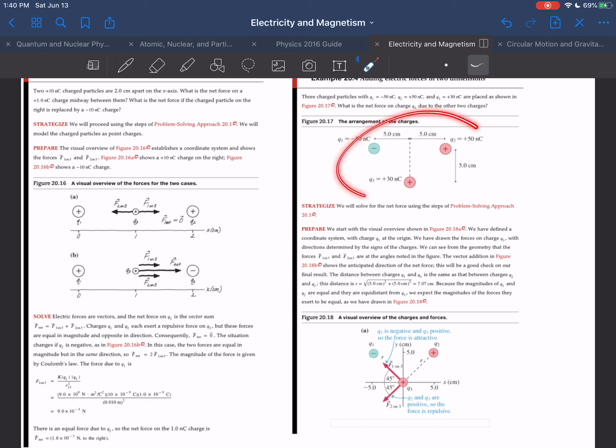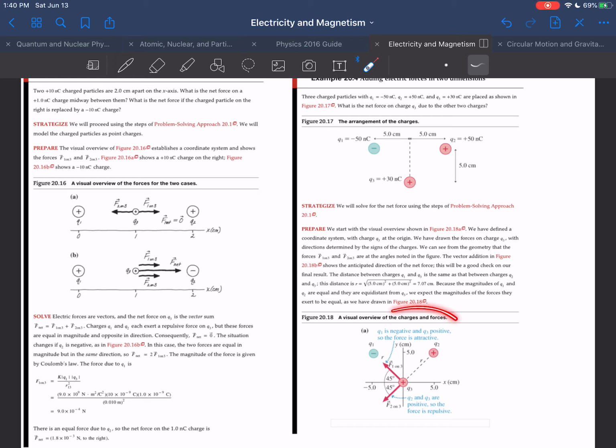We know, given the arrangement here, that because this is 5 centimeters and this is 5 centimeters, that angle theta here is 45 degrees. Same for this one.